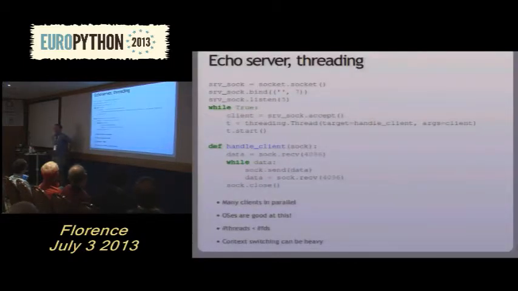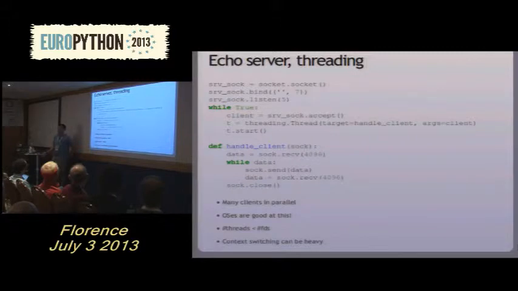One of the obvious things that you usually look at next is threading, because that's the standard solution for handling multiple things at the same time. The flow is very similar.